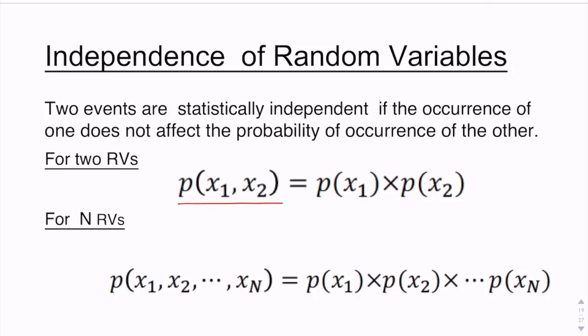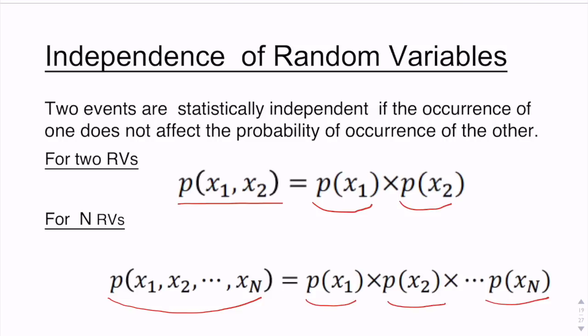If these two random variables are independent, then instead of computing the joint probability, we can compute the individual probabilities and multiply them by each other. And if you have n random variables, the joint probability distribution is factorized to the product of the individual probabilities.